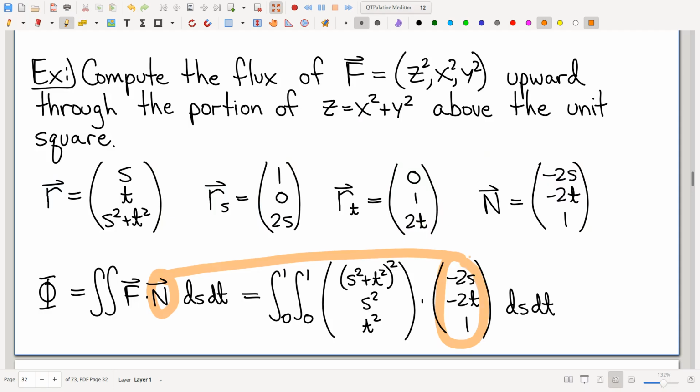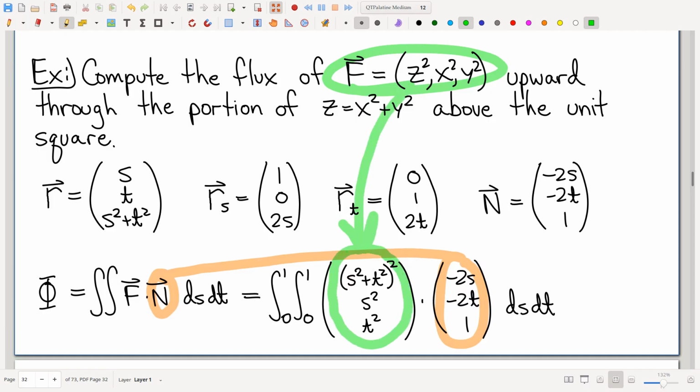Plug it in. The vector field, here's our vector field. I've just inserted that. Now you would legitimately complain here, wait a second, that doesn't look the same. But do remember, we have to pull back. So we're always plugging in, aka pulling back through the parameterization.